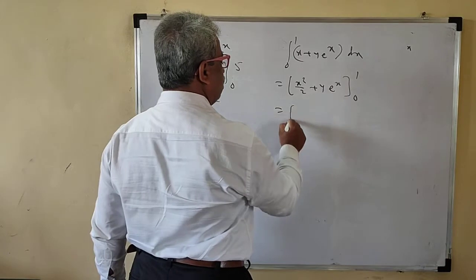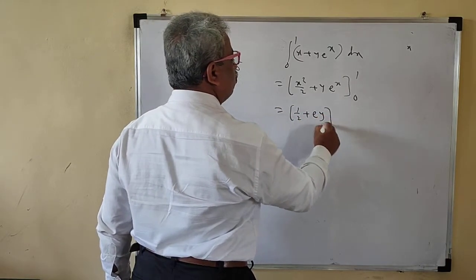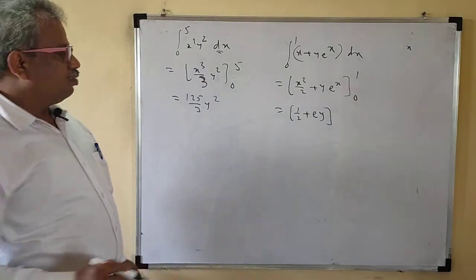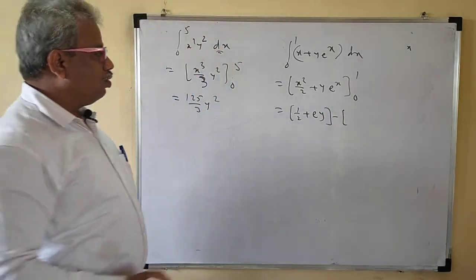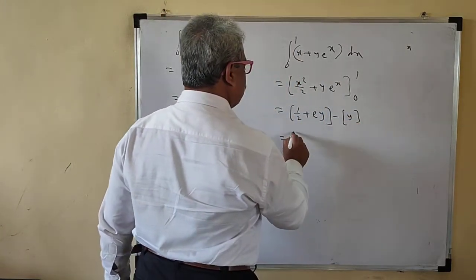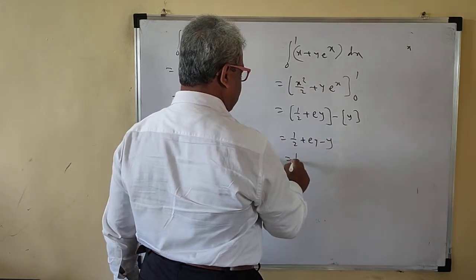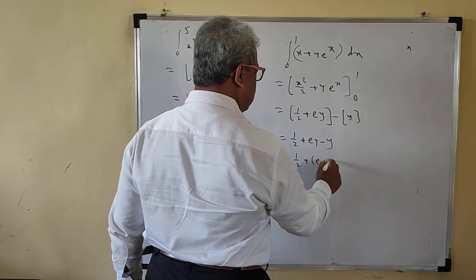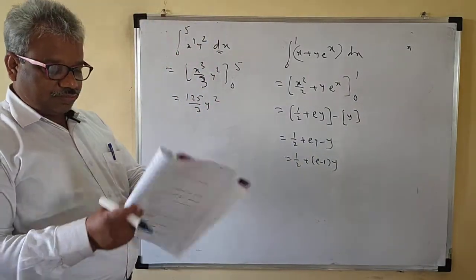So this is 1 half plus e plus ey. Okay. So minus, we are putting x is equal to 0. So this is y. E raised to 0 is 1. So this is y. So this is 1 half plus ey minus y. So I can write this as e minus 1 times y, something like this. Okay. So these are your answers.